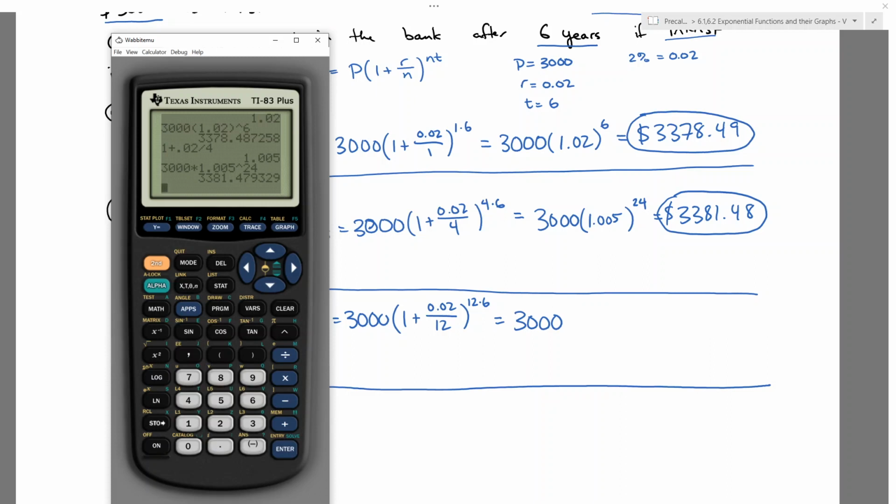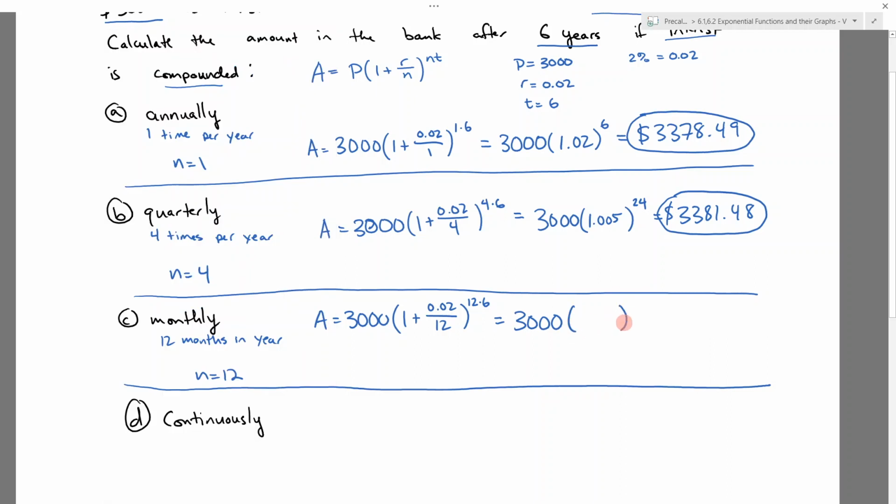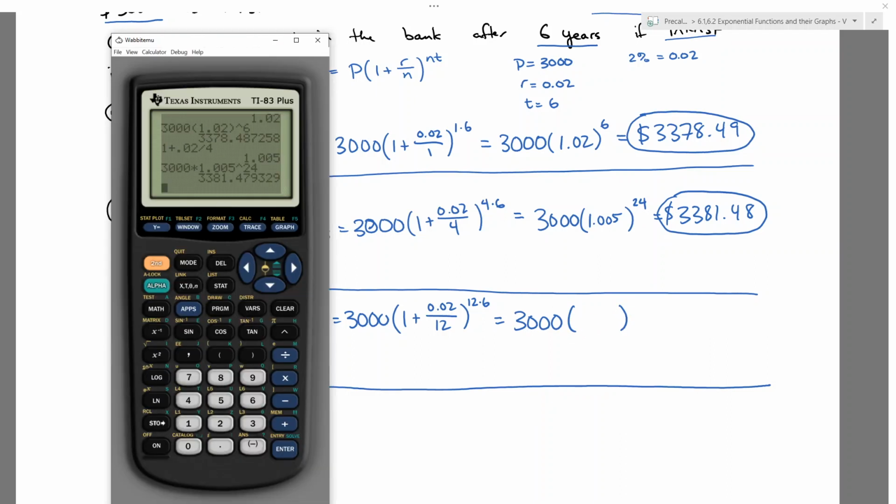Again, first let's calculate what's in the parentheses. 1 plus 0.02 divided by 12 is 1.001666667.